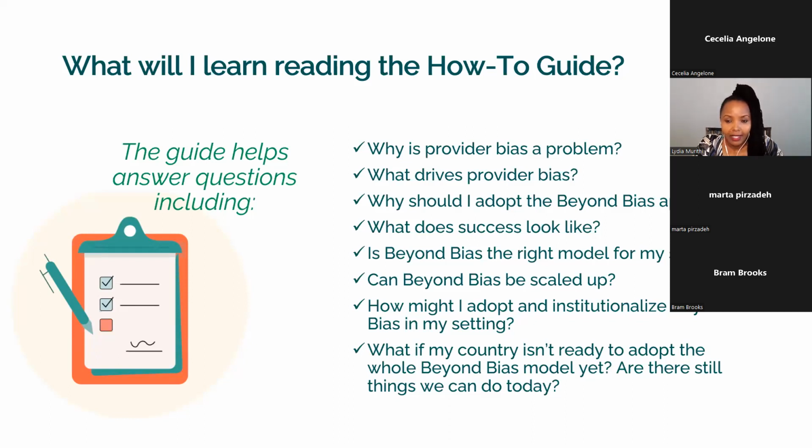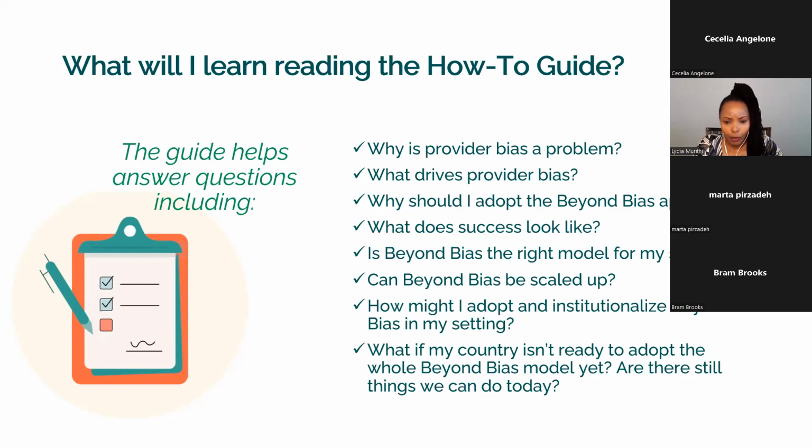It also provides the rationale for the Beyond Bias approach to addressing provider bias and why you should adopt it. Furthermore, from the guide, you will also be able to assess if the Beyond Bias model is right for you or right for your setting, including weighing decisions around the adaptability and scalability of the various components of the model.